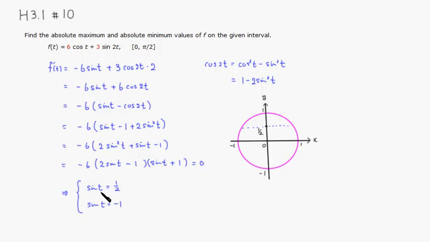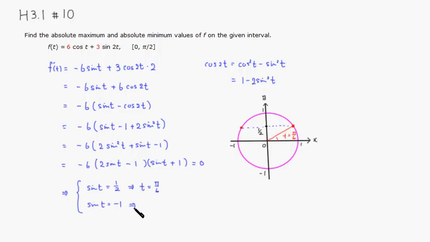There's another point here, but the angle must be between 0 and pi over 2, so that one is way too big. This angle right here is 30 degrees, so it's pi over 6. So t is equal to pi over 6.